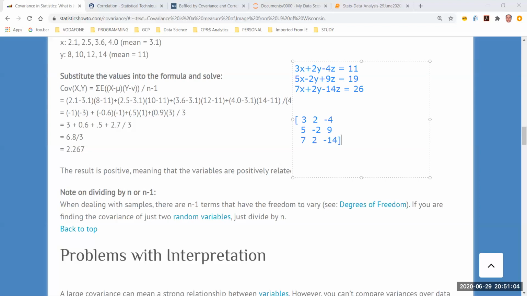So this is the matrix of the coefficients, right? If I multiply this matrix of coefficients with the matrix of unknowns, I should be getting that equal to the matrix of 11, 19, 26.